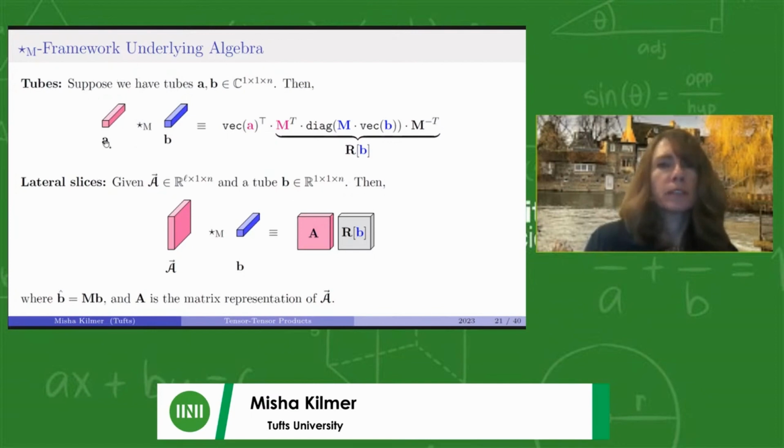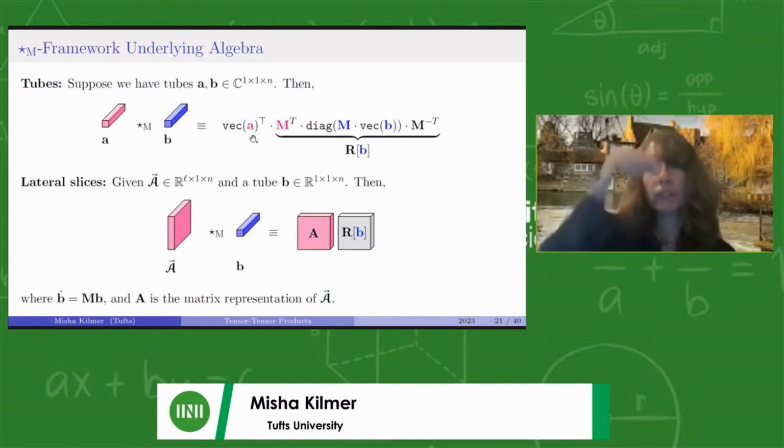Computing the simplest thing, the action of, say, two tube fibers under the star M product, it turns out you could write it out equivalently by thinking of the A as a row vector, and post multiplying it by a structured matrix, where the structured matrix that you're post multiplying by actually depends on the M that you've defined, right?